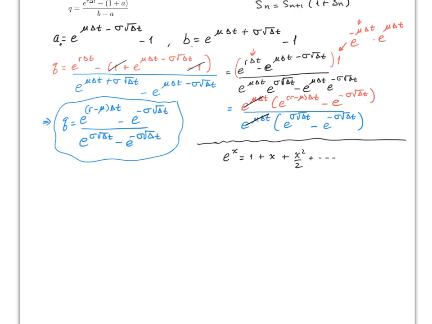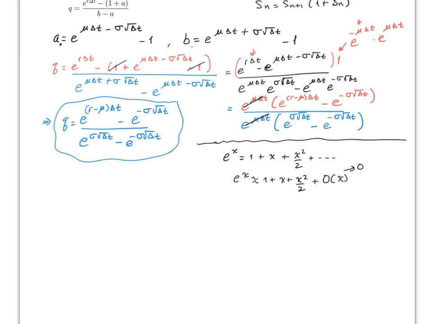If x is relatively small, then you can say that e to the x is approximately equal to 1 plus x plus x squared. We will not go farther than this, plus some error that depends on x, where this goes to 0 as x is getting smaller and smaller.